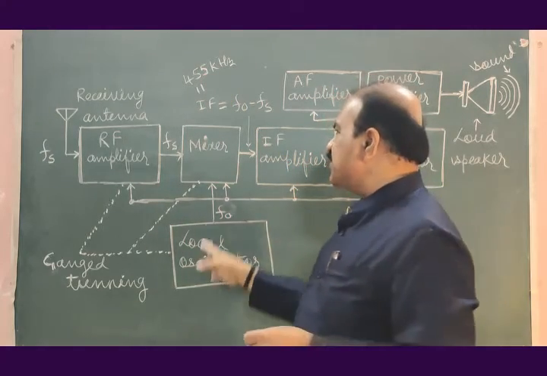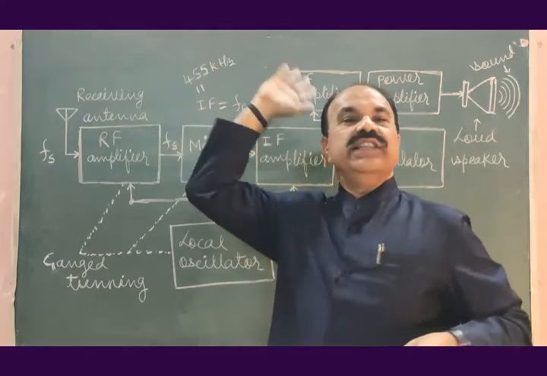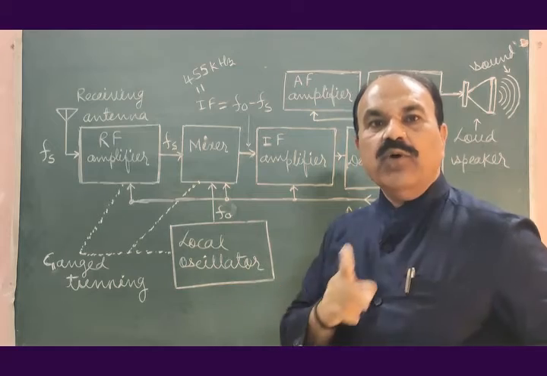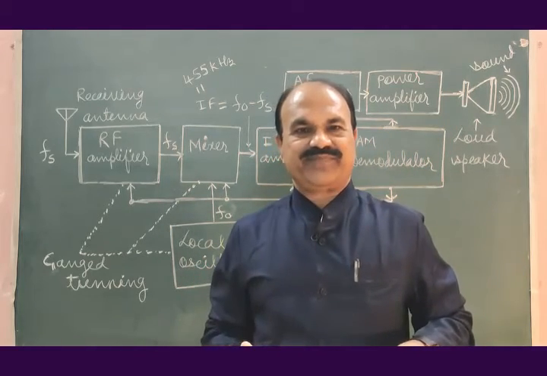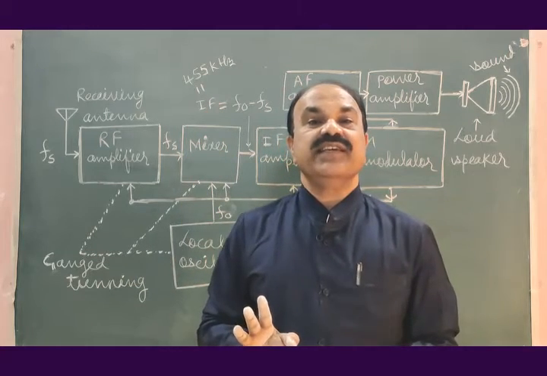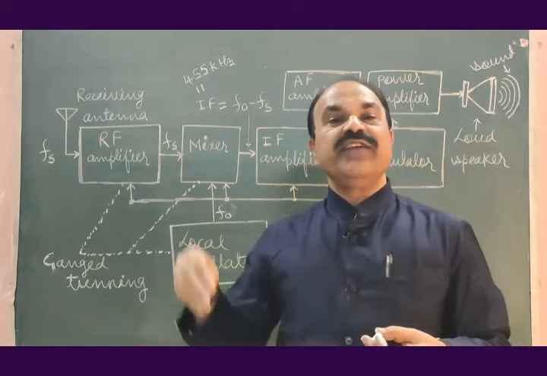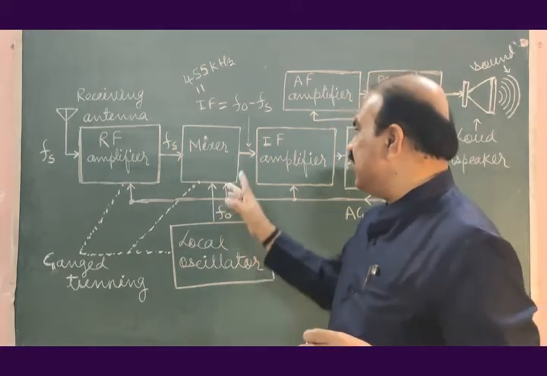Only this frequency is given out by the mixer for all the radio stations. Only the carrier frequency is changed. Remember, this changes only the carrier frequency. The original modulating frequency is held as it is.